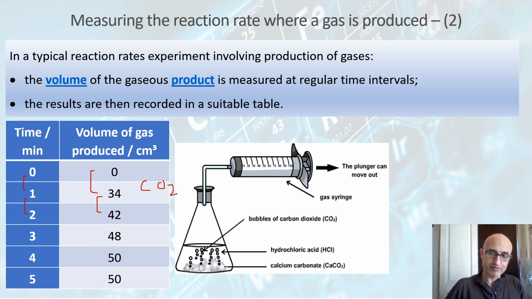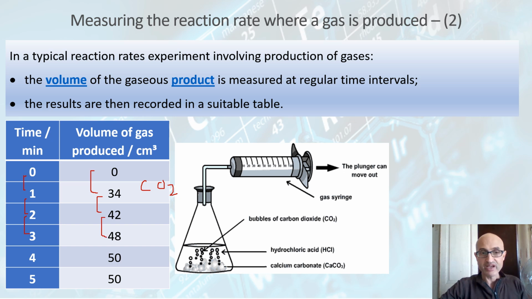The rate of production of carbon dioxide is no longer 34 centimeters cubed per minute. Between the first and the second minute, only 8 centimeters cubed per minute were produced. And if I had to go to the rate that exists between the second and the third minute, the rate keeps on dropping.